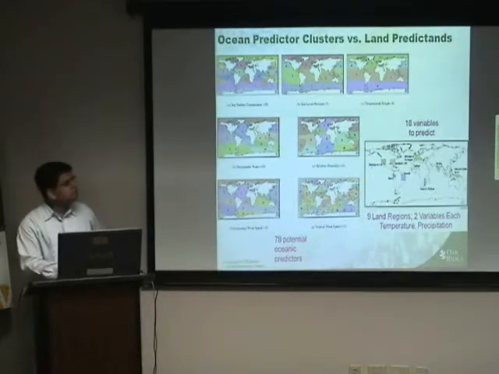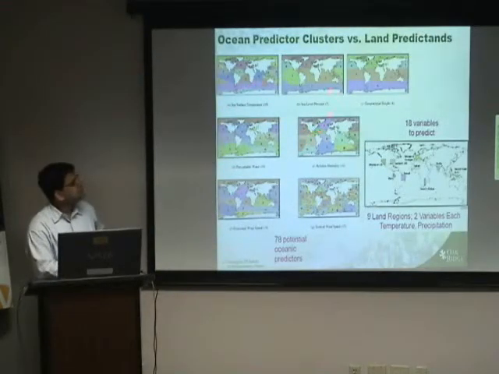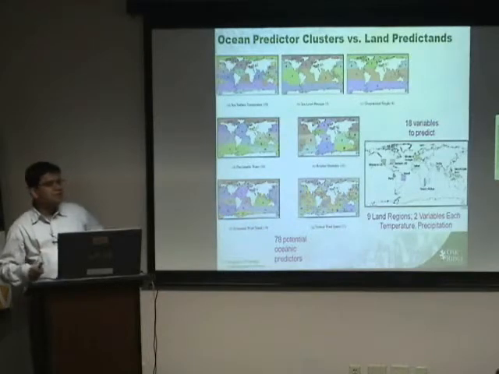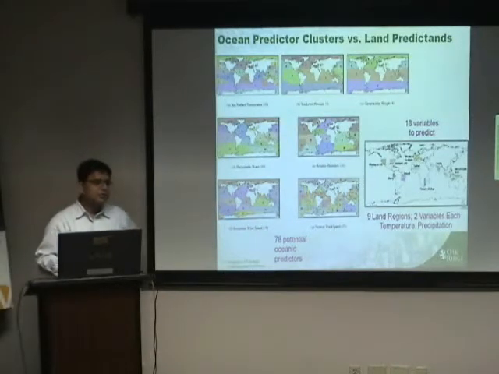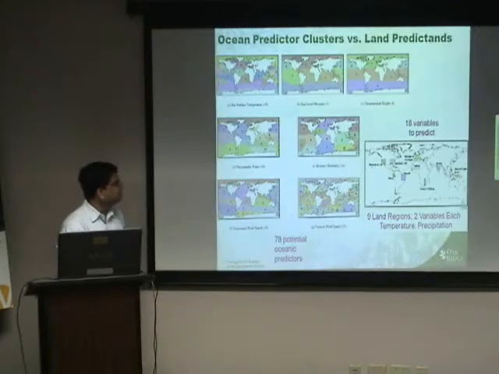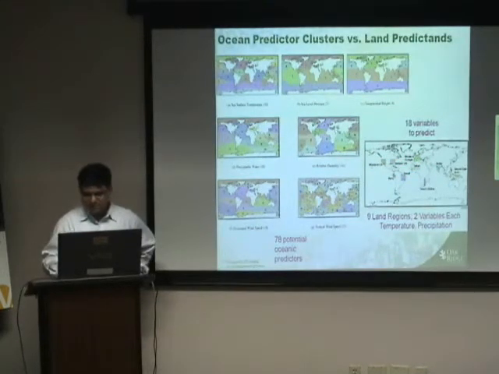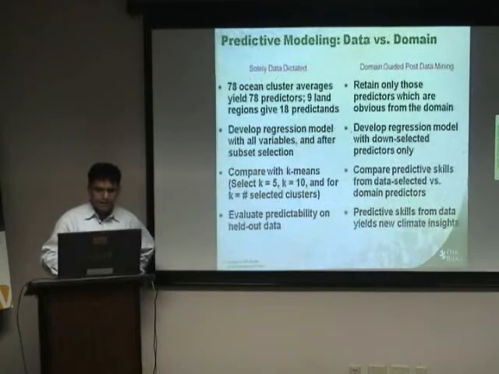So one thing we did is we looked at all of these different variables and translated them into predictors, these clusters. These are clusters obtained from complex networks through community identification techniques, and then we use these as predictors to see what kind of value we obtain for prediction over land, in this case for temperature and precipitation anomalies over land.